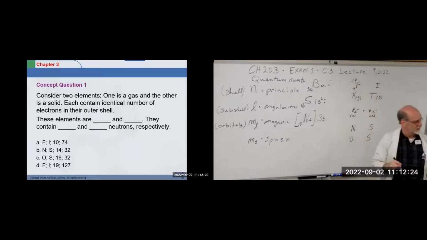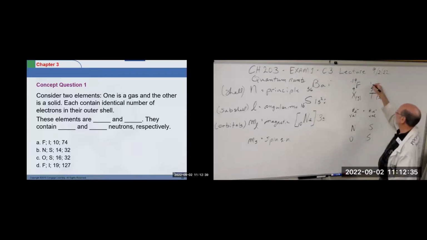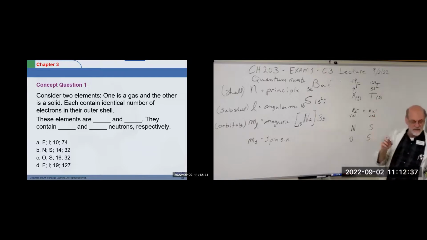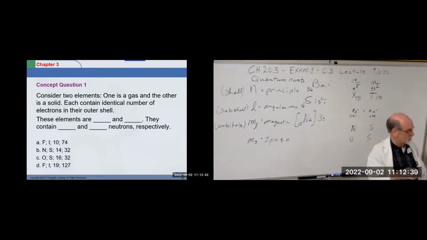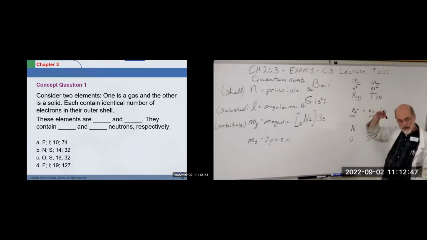How about iodine? 53 and 127 is probably the most common. Why did I say that? Because the average value is almost 127. It has one isotope that's a little lighter, but it's not very common, so it drags the average down a little bit. Is that wasted on anybody?